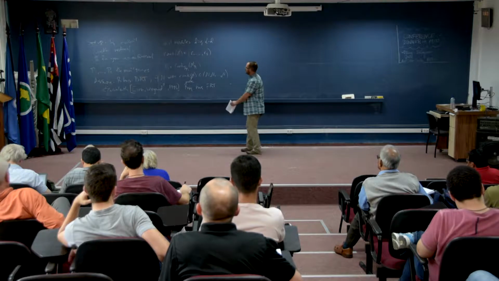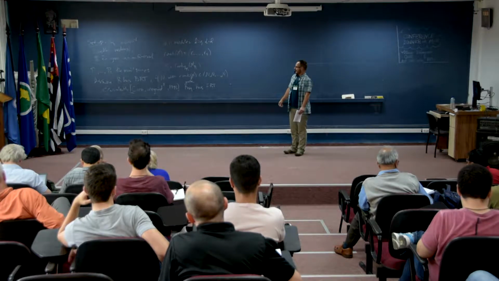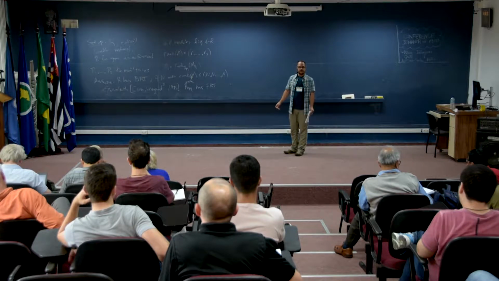Okay. So that's the setting. I have a one-dimensional Noetherian reduced ring, and always has bounded representation type.